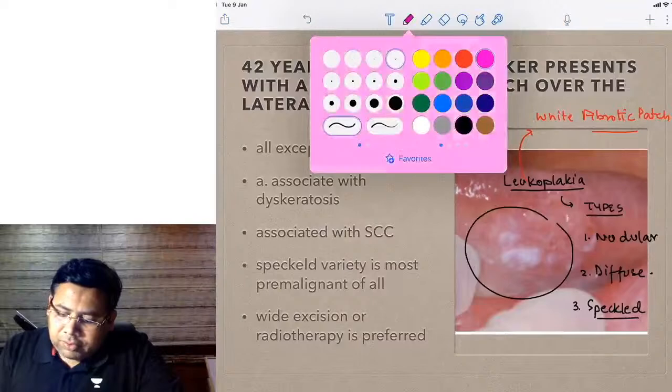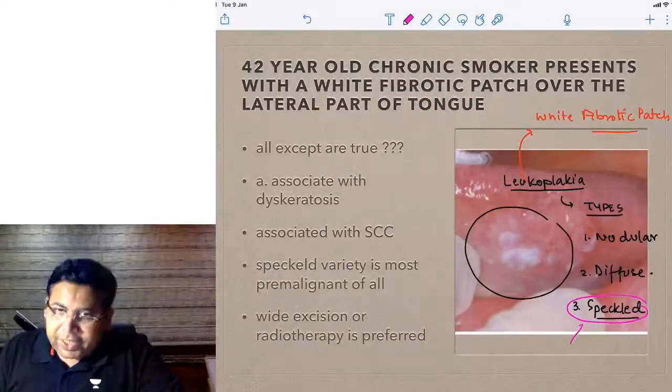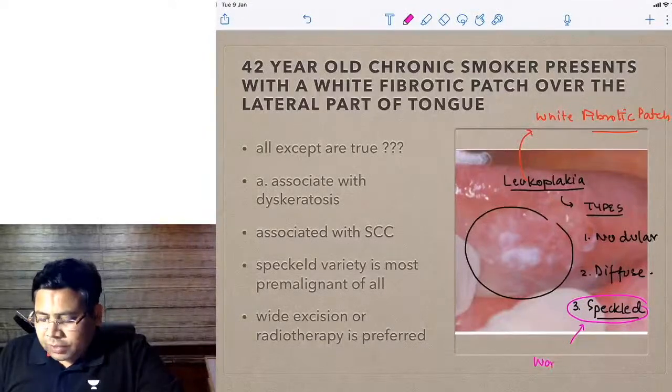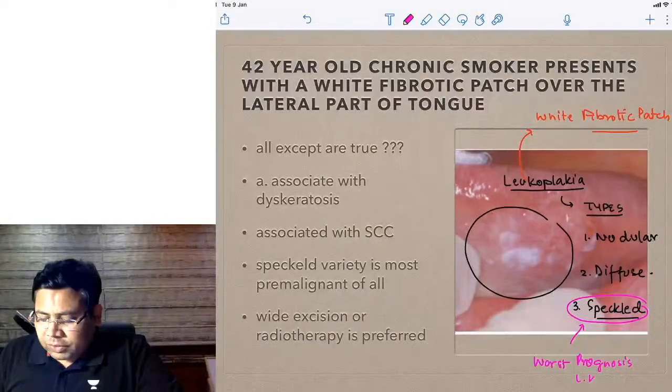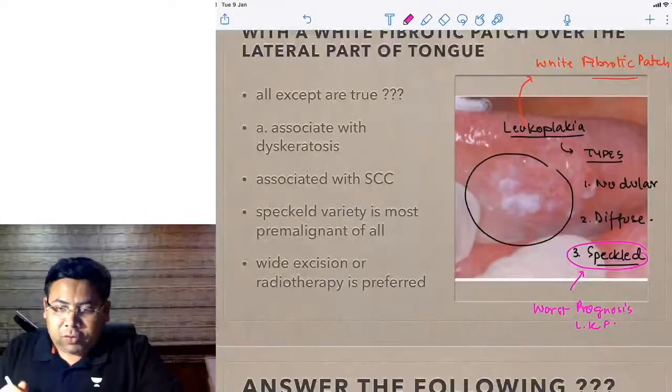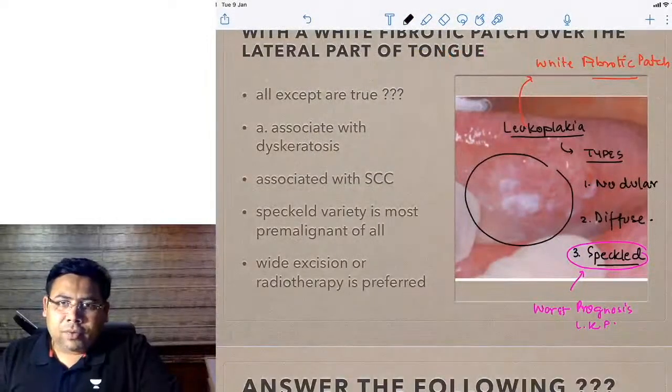If you talk about the worst prognosis, the speckled variety is associated with the worst prognosis. But overall, it is erythroplakia, which I'll tell you next.